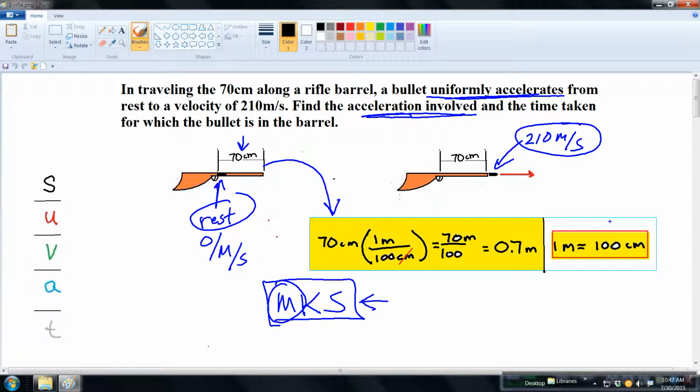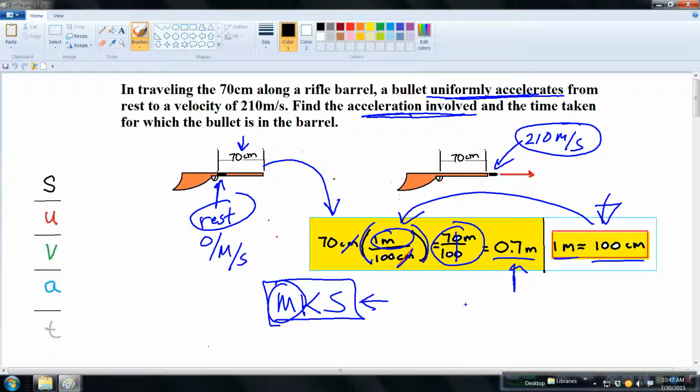So we just use our conversion factor here. 1 meter is equal to 100 centimeters, so if we put this ratio in a way where the units centimeters cancel out, we find that we have to divide 70 by 100, knock out a couple zeros, we got 7 over 10, and we end up with meters as being our only unit left. So we end up with 0.7 meters as this value here.